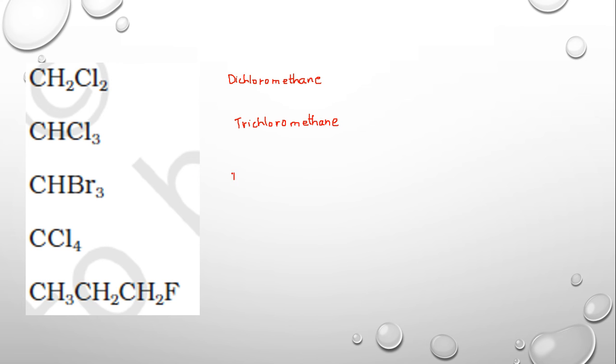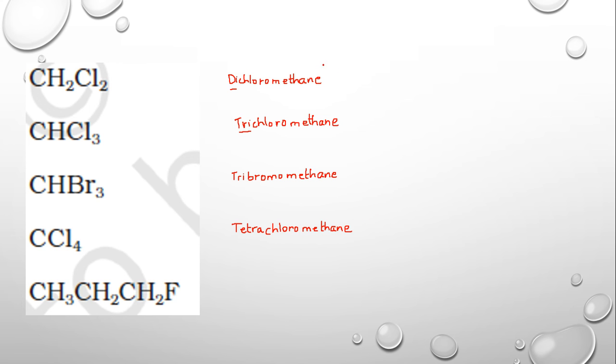Br, so it is going to be tribromomethane. Di stands for 2, tri stands for 3, and in this case it is tetra. Tetra stands for 4. Tetrachloro and one carbon atom, so it is methane.